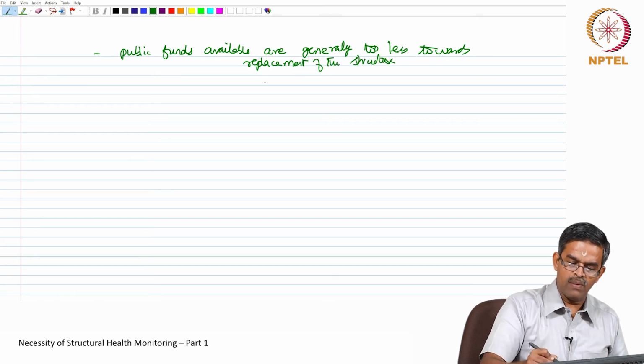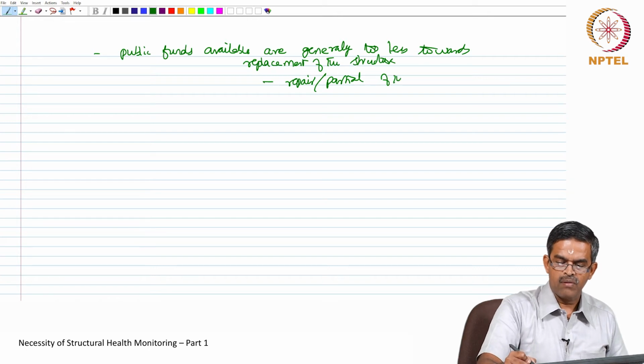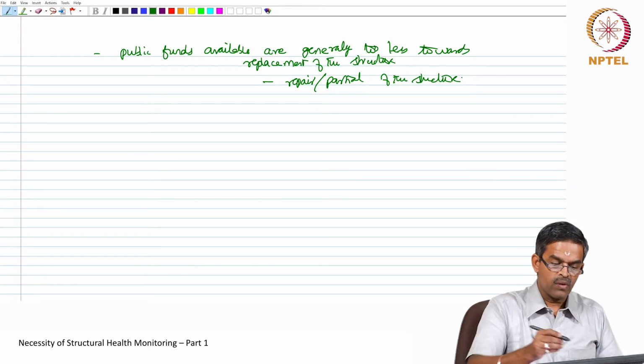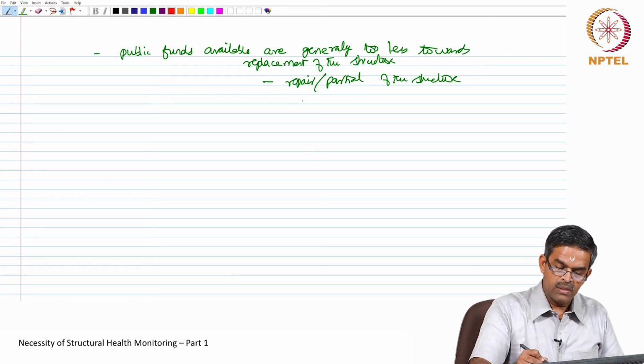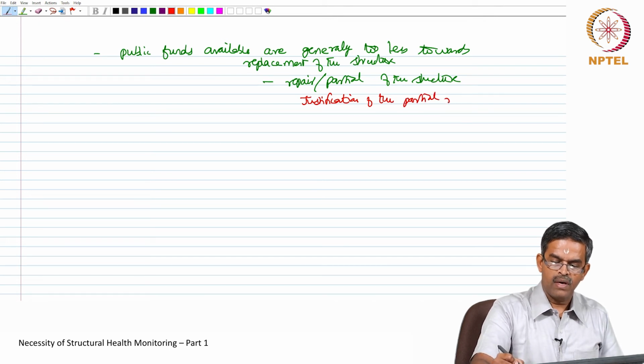It can only enable repair, that too partial repair of the structure. If that is the case, one needs to know the justification of the partial repair, and that can be done only through SHM.